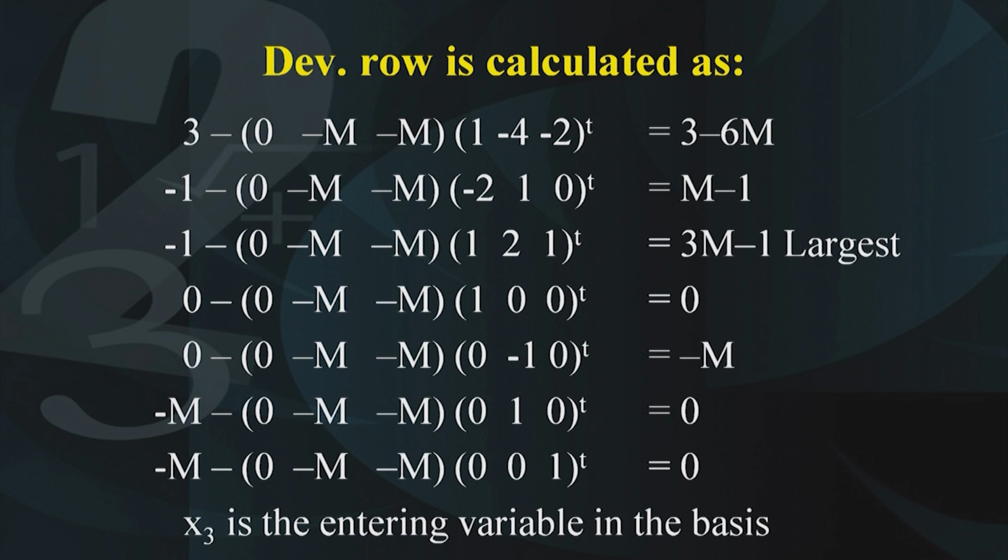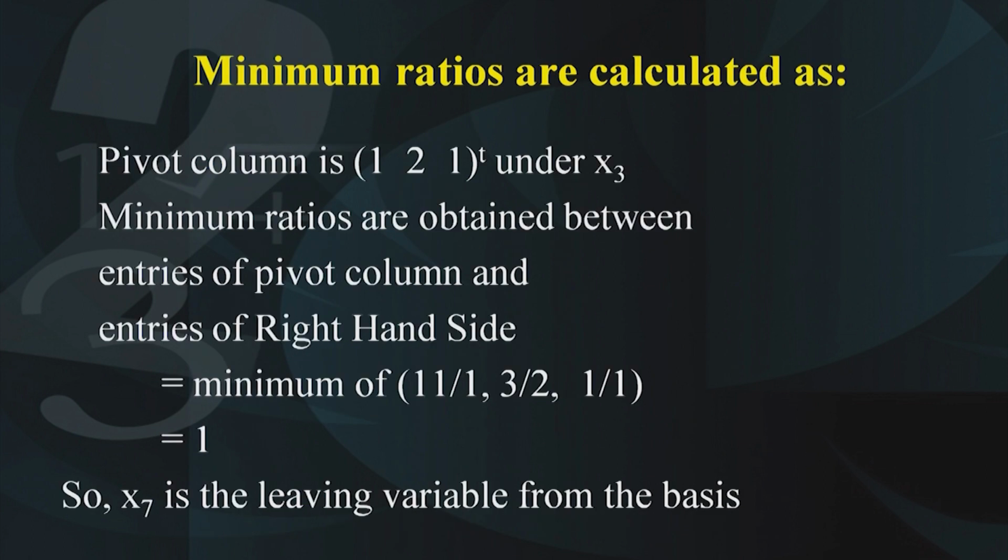Now, we have decided x3 should enter the basis. Now, we want to see which variable should leave the basis, and what is the method for determining that? Yes, the method is to find the minimum ratios. The minimum ratios are calculated as follows.